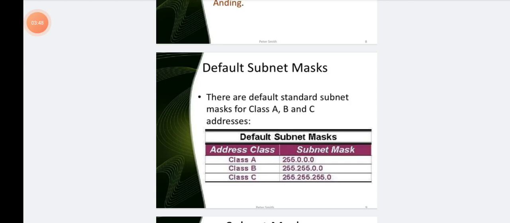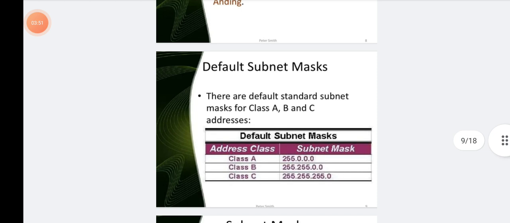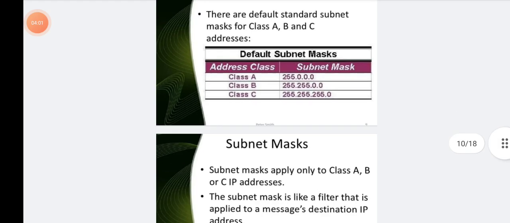For class B it is 255.255.0.0. For class C it is 255.255.255.0. And the subnet masks apply only to class A, B or C IP addresses.